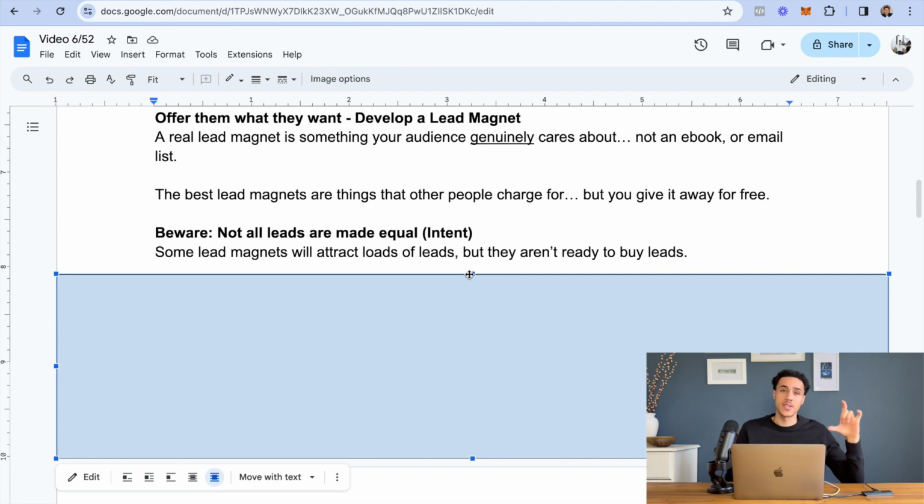That would have more intent. Another example is if you're a tutoring business, a lead magnet that says, here's how to find the best tutor in your area will have a lot more intent than a lead magnet that says, hey, here's some free GCSE revision. Yeah?